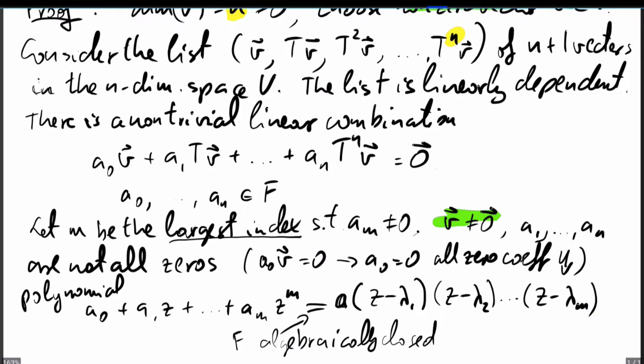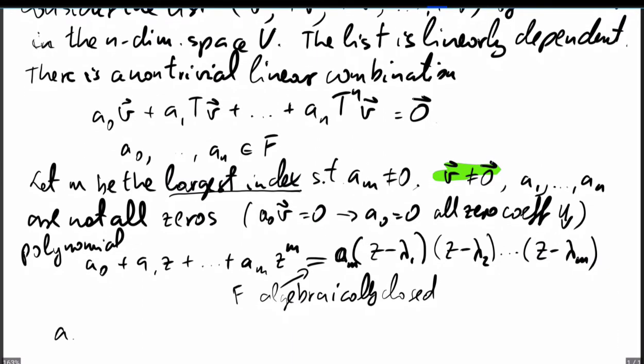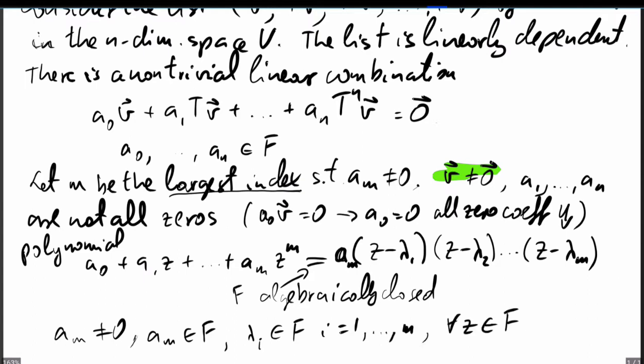By the way, am is supposed to be the multiplier of z^m, so this coefficient should be am. It's a minor detail. So what we have is that am is not zero, and this equation holds. So am is from the field F. Also these lambdas are from F, going from 1 to m, and this equation holds also for all z from the algebraically closed scalar field F.